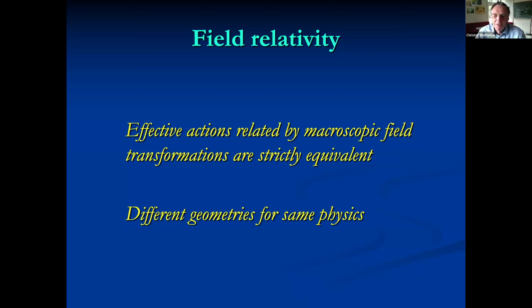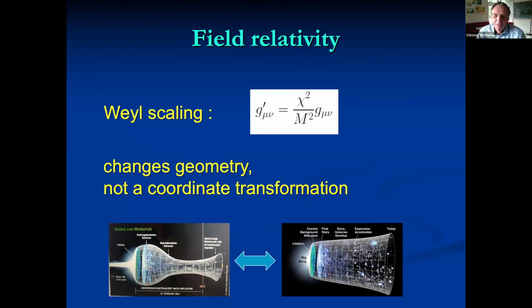I think you have all seen already this little Weyl transformation where the Big Bang is then transformed to some geometry with a shrinking universe or something like that. All this field relativity is simply rooted in the equivalence of an object when you perform variable transformations.